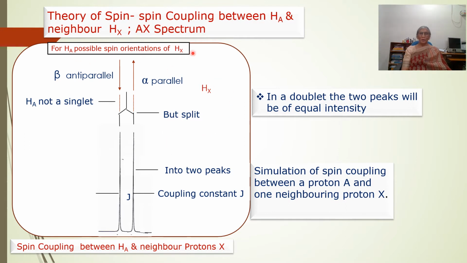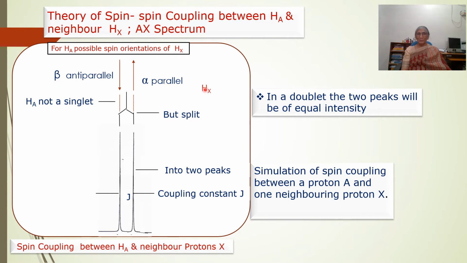Proton A and proton X are neighboring protons and they are coupling with each other. Suppose proton A is showing the absorption and its neighboring proton X can have different spin orientations. The spin orientation can be parallel or antiparallel. Parallel spin orientation is represented by alpha and antiparallel spin orientation is represented by beta.